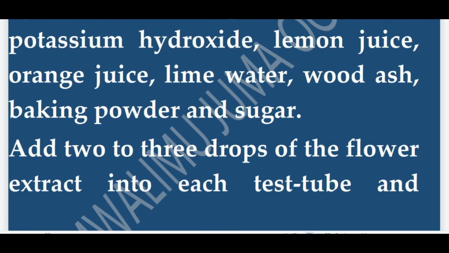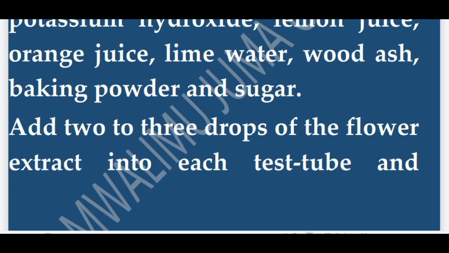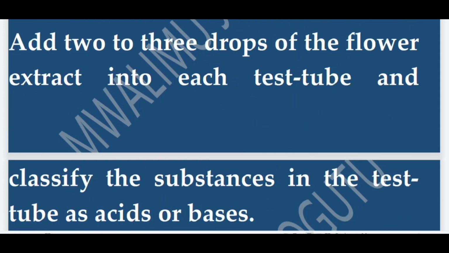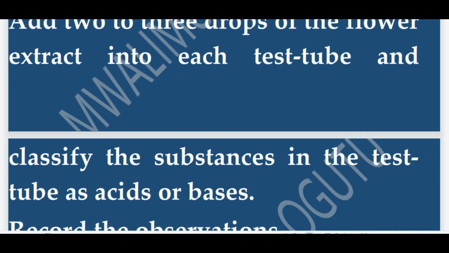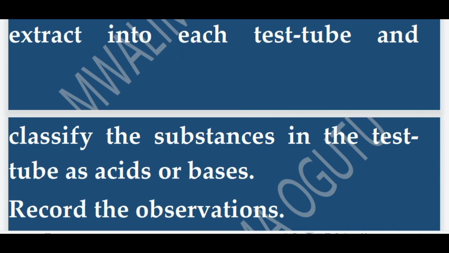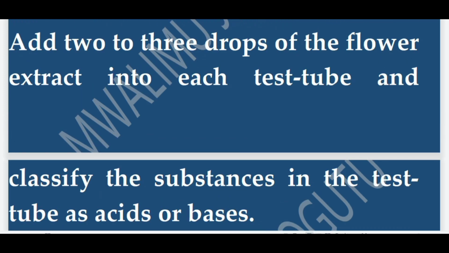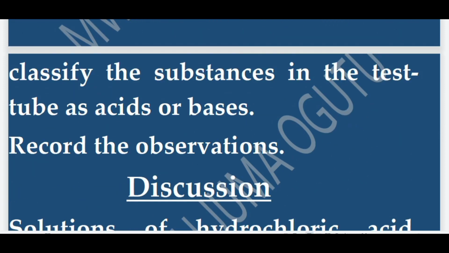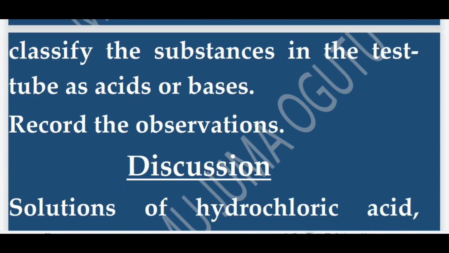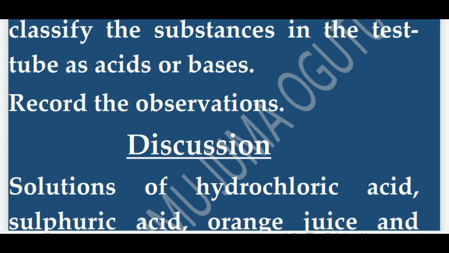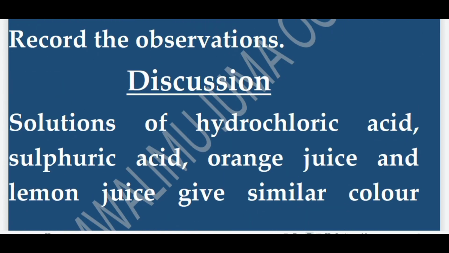We add 2 to 3 drops of the flower extract into each test tube and classify the substance in the test tube as an acid or a base. We do it separately for each and every substance. Then we record our observations and explain what we observe.